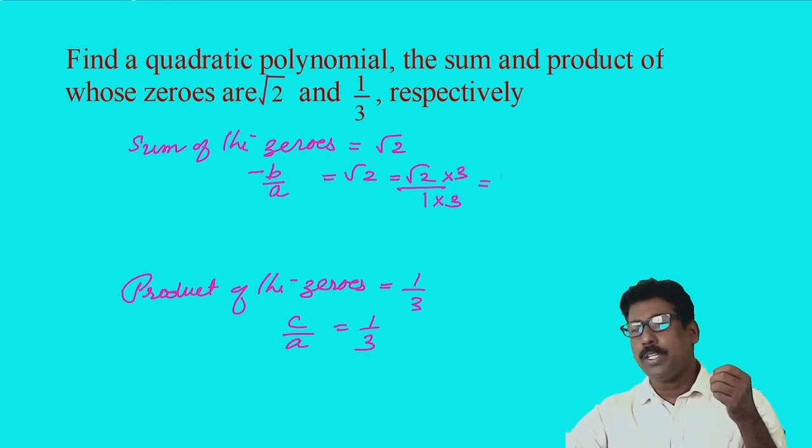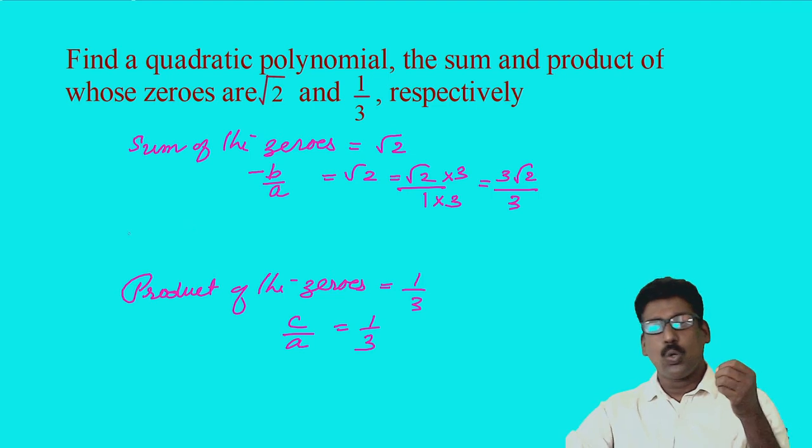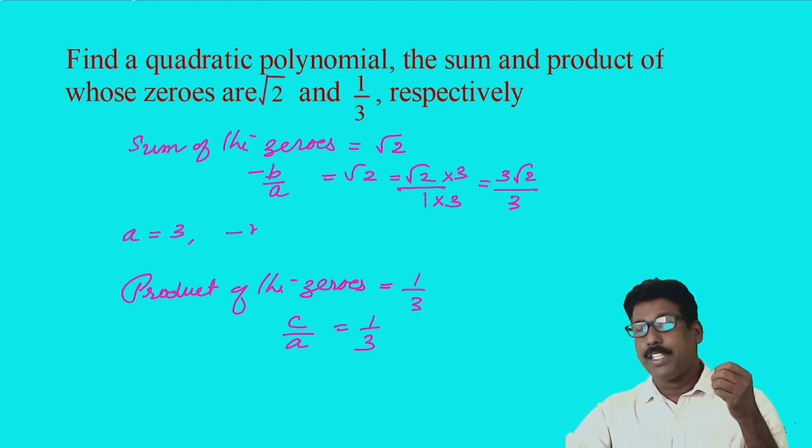So this will be root 2 into 3, you can write it as 3 root 2 by 3. So here a you can take it as 3, negative b you can take it as 3 root 2, which implies b is equal to negative 3 root 2. And here c you can write it as 1.